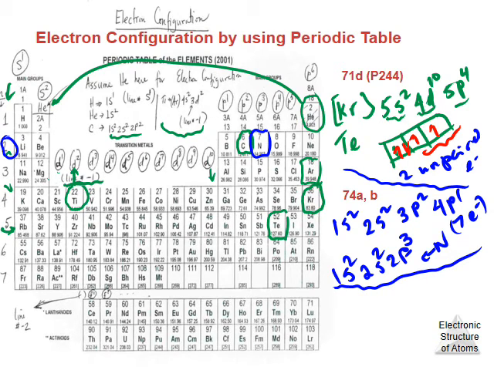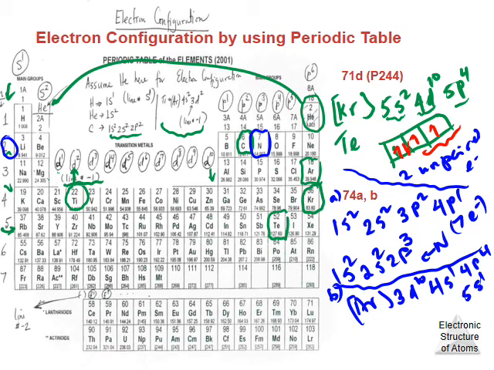Now let's try B. This is A. What we did is A. Now we're going to do B. Argon configuration followed by 3d10, 4s1, 4p4, 5s1.